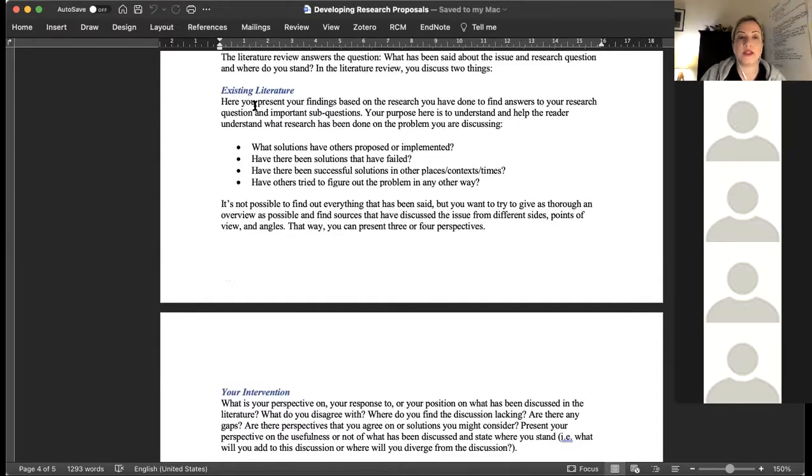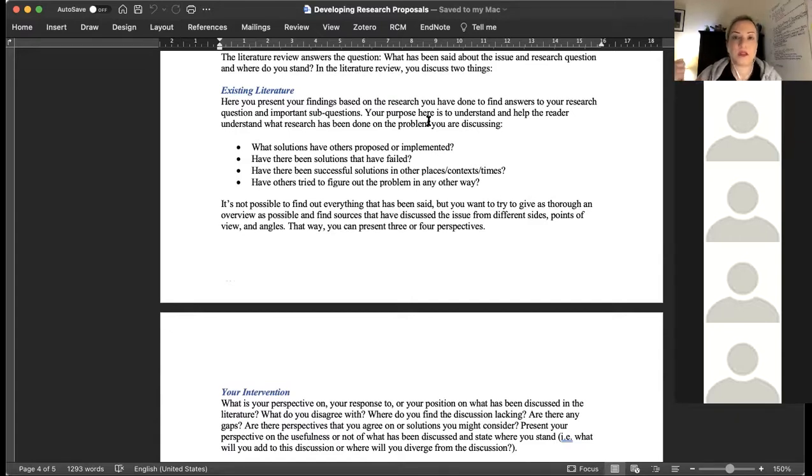In existing literature, you present your findings based on research you have done to find answers to your research question and important sub-questions. So the work that you did last week when it comes to finding an article that talks about the problem or maybe addresses a problem that you are going to be working on, this is the literature that you will be looking at.